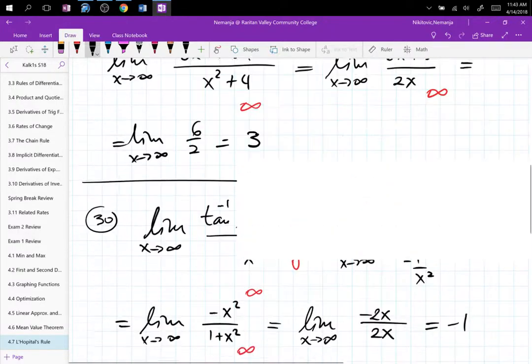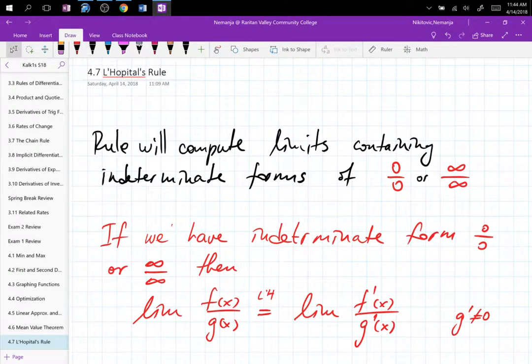So, as I mentioned, 4.7, L'Hopital's rule is the rule that will compute limits. So this is technically back to chapter 2, except this method is using derivatives.